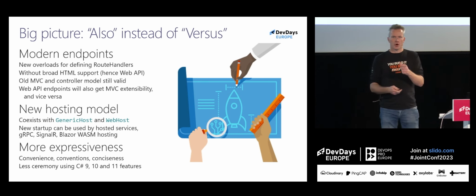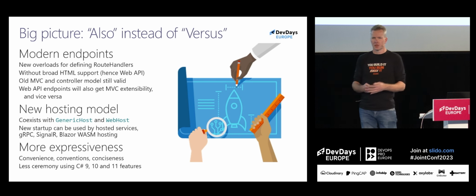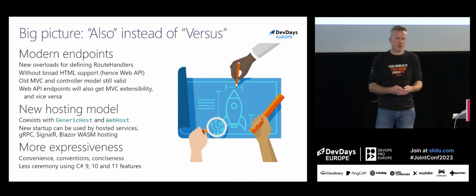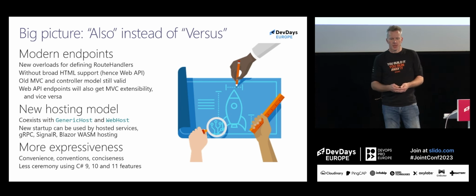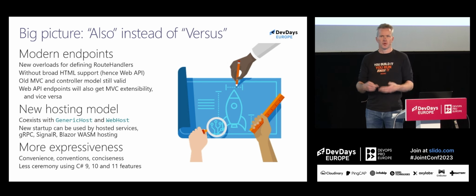This new hosting model, and you saw that just a little bit ago with the web application, can be used by other things, such as hosted services, gRPC, and even the WASM space can make use of that. And all in all, the new style is about expressiveness. It should be more convenient, easier to get things going.